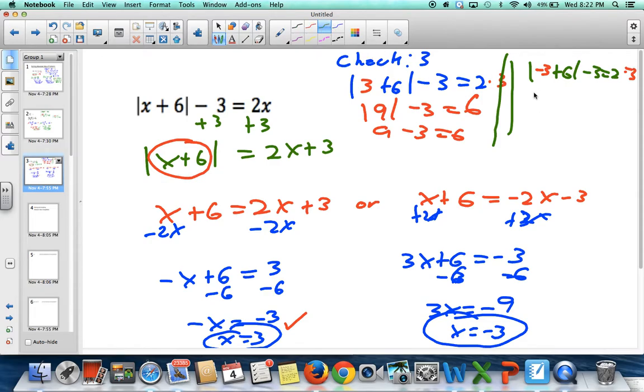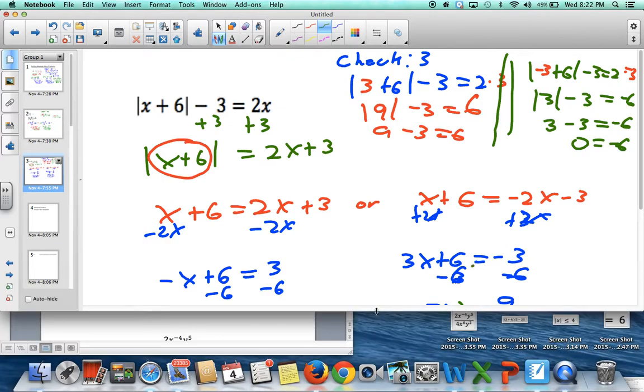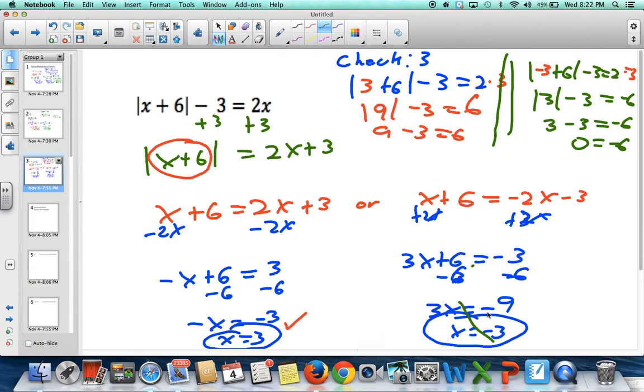Okay, so that's going to give me the absolute value of 3 minus 3 equals negative 6. So the absolute value is 3, so 3 minus 3 equals negative 6. 0 equals negative 6. It does not, so this is not a solution. So there's only one solution in this problem, 3. Okay, a little tricky there. Sometimes they both work, sometimes neither one works. In this case, just one of them works.